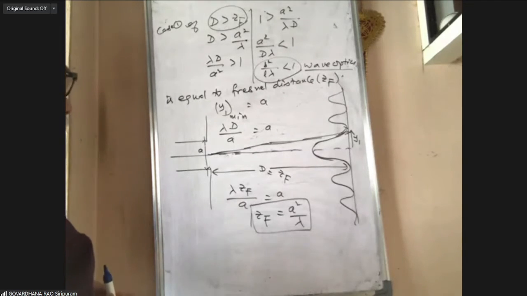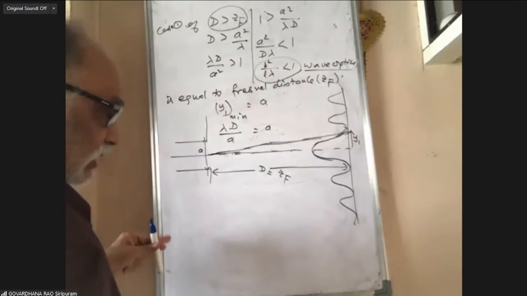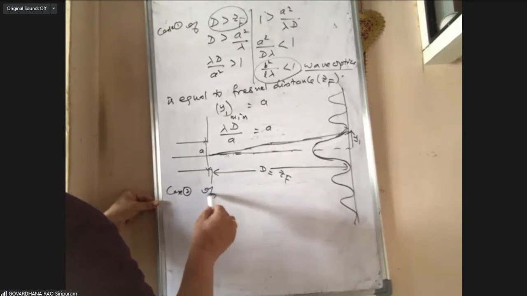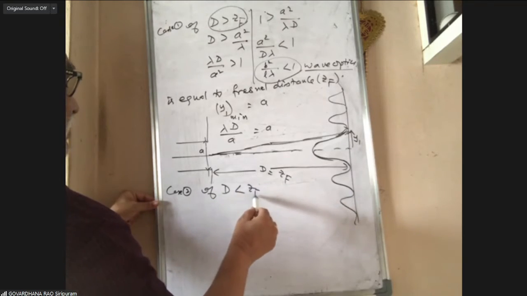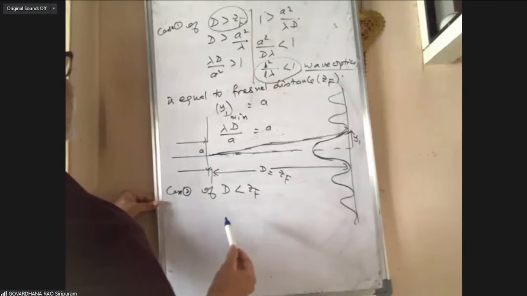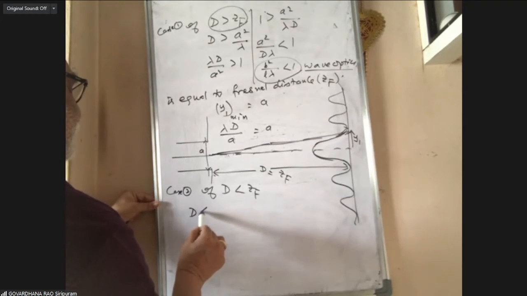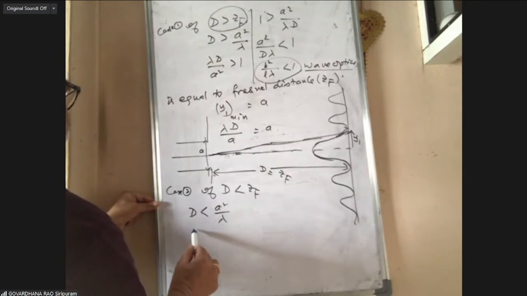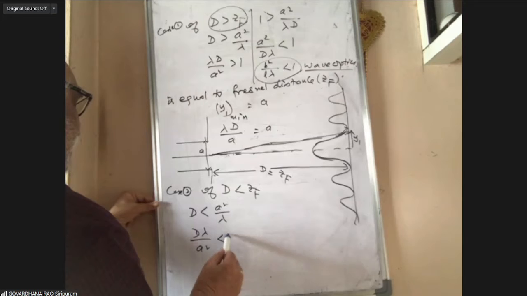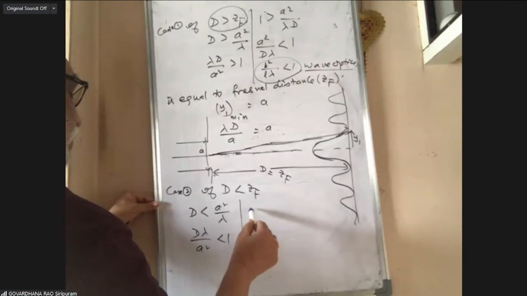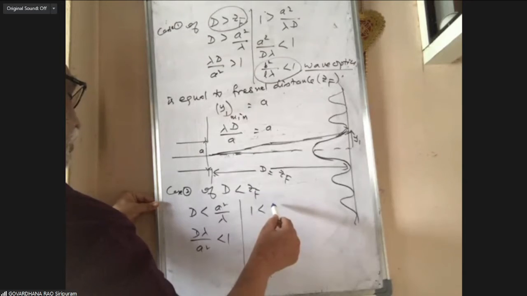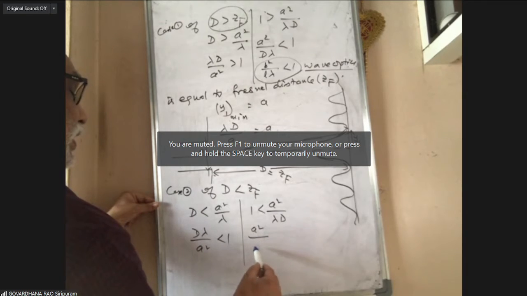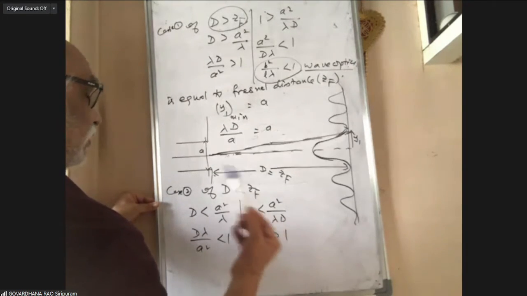Okay. Suppose case 2: if D is less than ZF, this D is very small. ZF is a square by lambda. So D lambda by a square is less than 1, or 1 is less than a square by lambda D, or a square by lambda D is greater than 1.